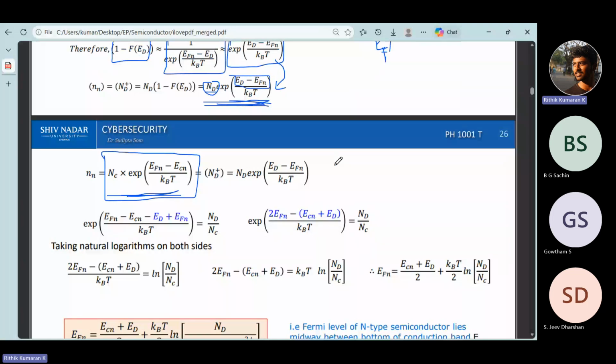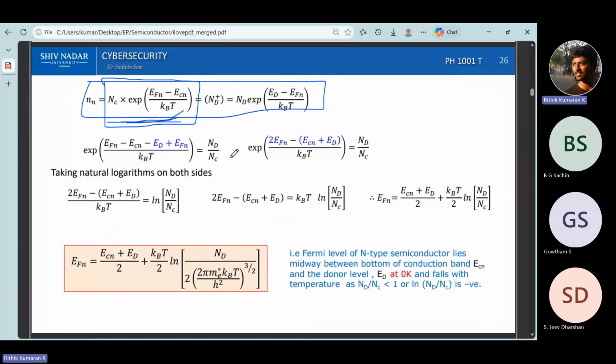So essentially what you will say is, this and this are equal, so you will equate these two terms. Bring the like terms together: keep the exponential term on one side, and bring the ND, NC constants to the other side. Now just solve it. EF and EC will add up, EC and ED will go up.